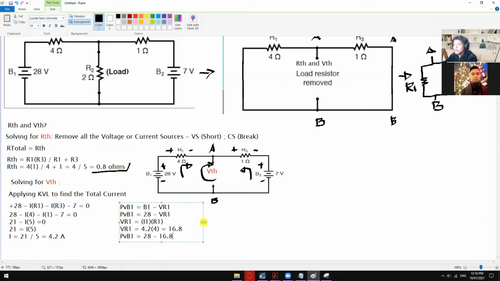So this is one way for you to be able to identify what is the VTH, or the voltage that is flowing in here. Okay. Using the left side circuit, let's say. Okay, so 28 minus 16.8 is 11.2. Yeah, so please check, is it correct? 11.2 volts.